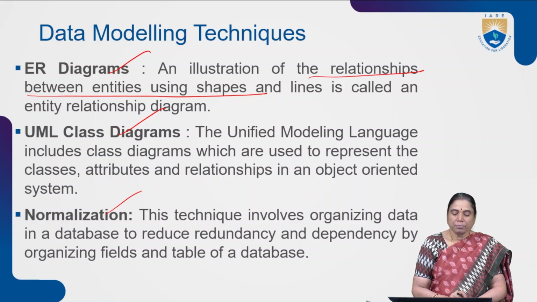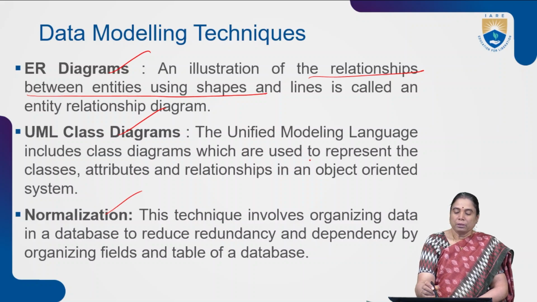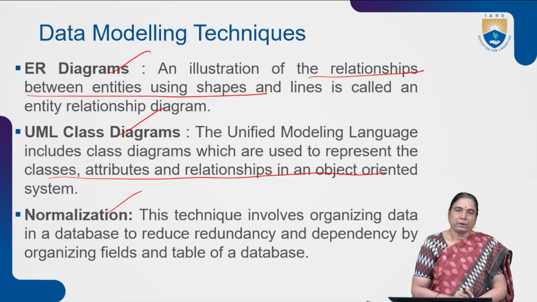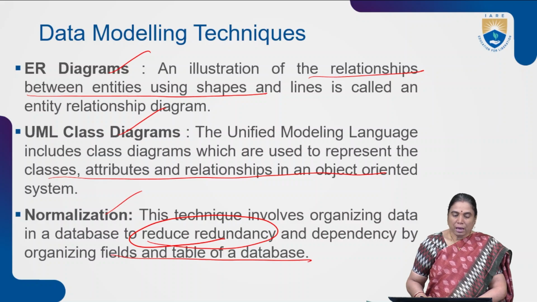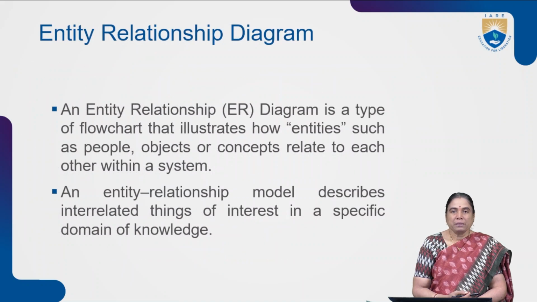UML class diagrams also include the classes, and the data and attributes relationships in the object-oriented system are modeled. And in normalization, this technique involves organizing data in a database to reduce redundancy and dependency by organizing fields in the tables of the database.